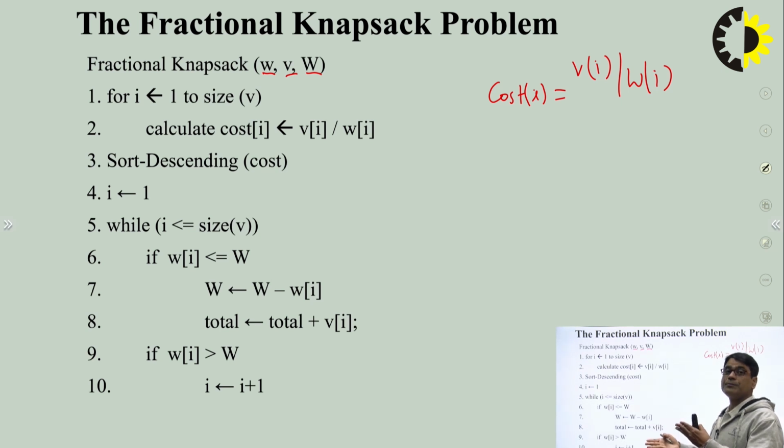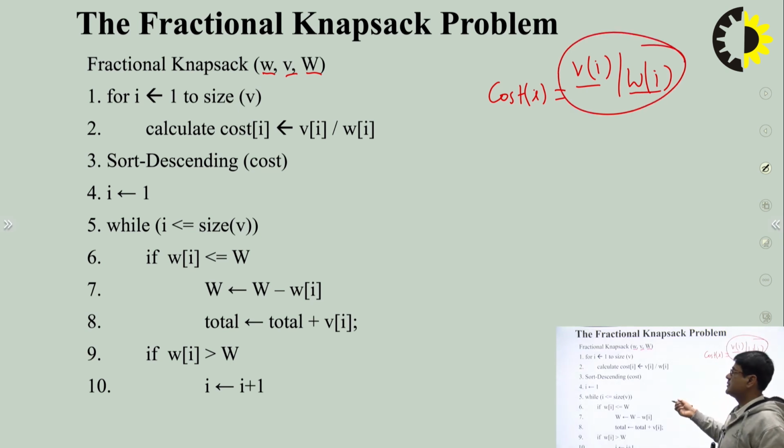Per unit item profit is greater for that item which has the maximum profit. So firstly, whatever profit of that item and whatever total weight of that item, we can find this per unit cost. Then sort descending, because sort descending means we have to store the cost in descending order, so that when we are picking the topmost item, definitely it will have the maximum profit.